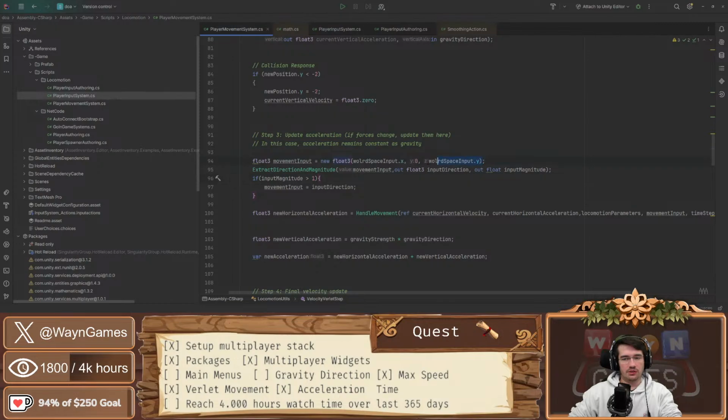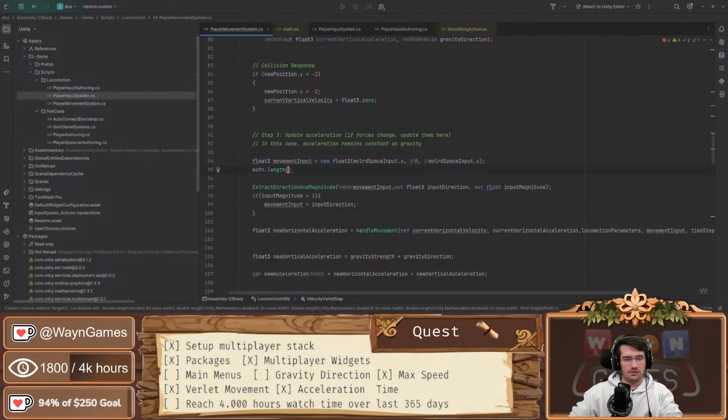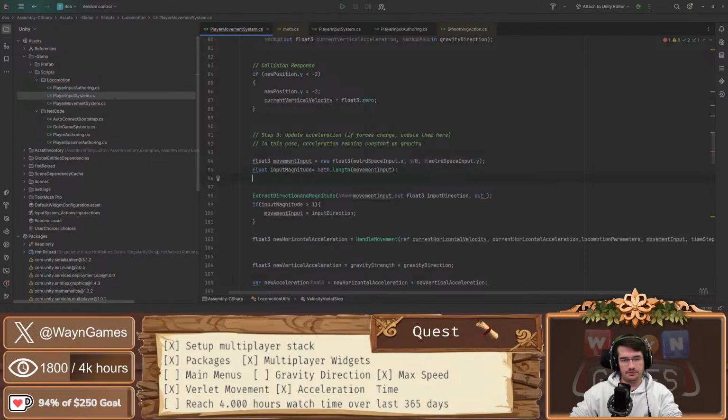So I actually need to have the length of that, so that I can reapply it to the direction. So maybe I don't need this. I need to have the length of this one. That's gonna be my input magnitude. Then I get the direction of this one.